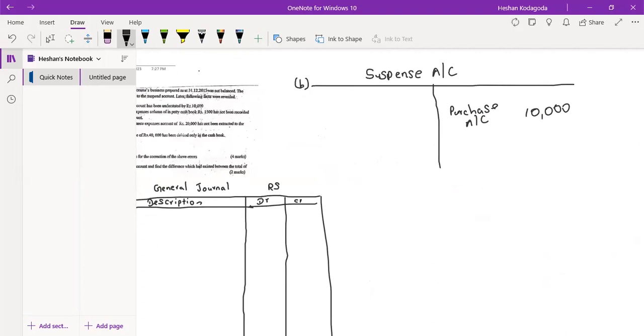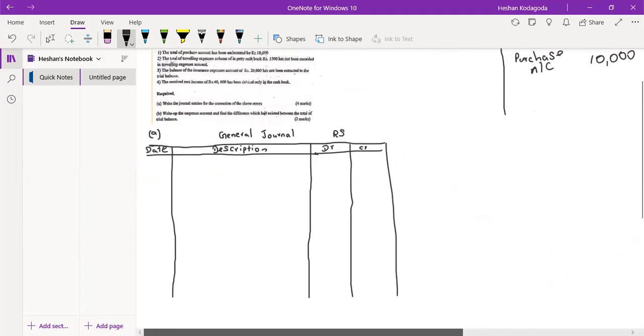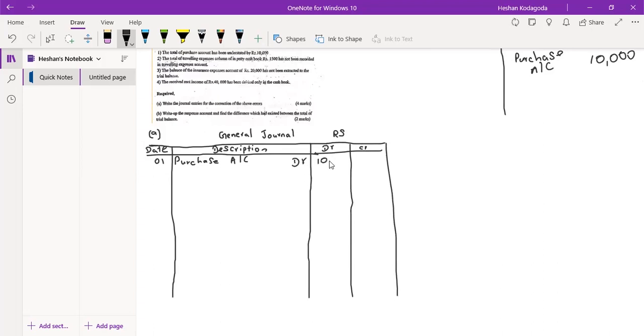So what is the general journal entry? You know the journal entry. Number 1: purchase account debit 10,000, suspense account credit 10,000.